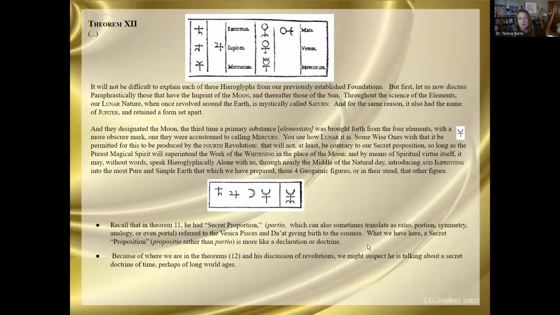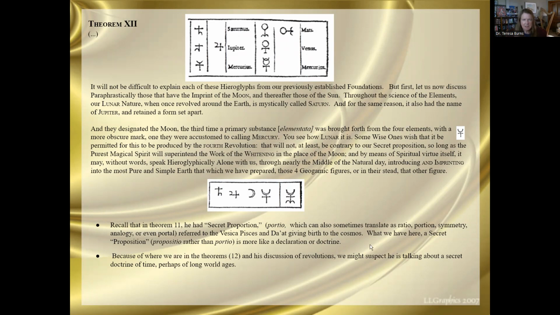So because of us being in Theorem 12 and 12 being easily associated with temporal measurements, his discussion of revolutions makes us think about a secret doctrine of time, maybe, perhaps of long world ages.